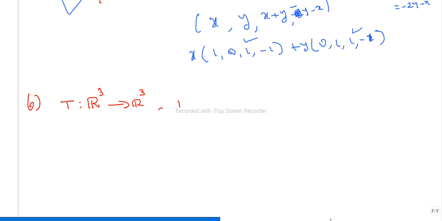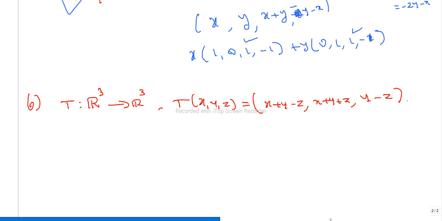defined to be T of (x, y, z) equal to (x plus y minus z, x plus y plus z, y minus z). The first coordinate is x plus y minus z, x plus y plus z is the second coordinate, and the third coordinate is just y minus z.